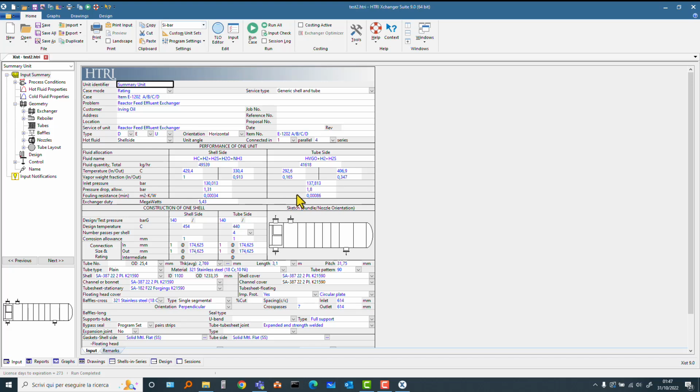On the other end, on the tube side fluid, you have 0.165 at inlet, 0.3407 at outlet. So there is evaporation. There is already at the beginning a certain amount of vapor, but the amount of vapor is increasing due to the heat transfer from the hot side fluid.